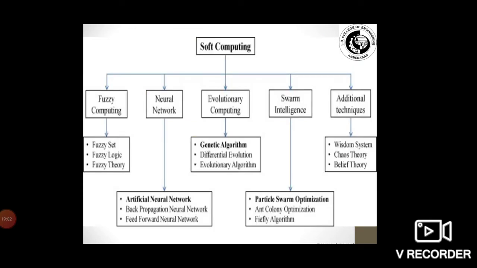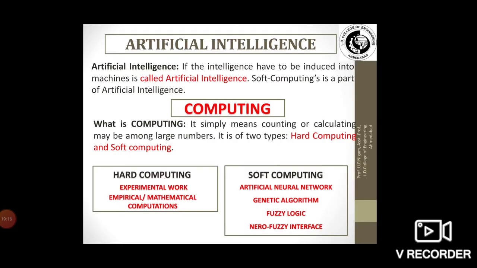These are the soft computing techniques you can see, and basically in this subject we will study fuzzy, artificial neural network, and the genetic algorithm. These are the three soft computing techniques and their combinations, which are known as hybrid techniques, that we are going to study.